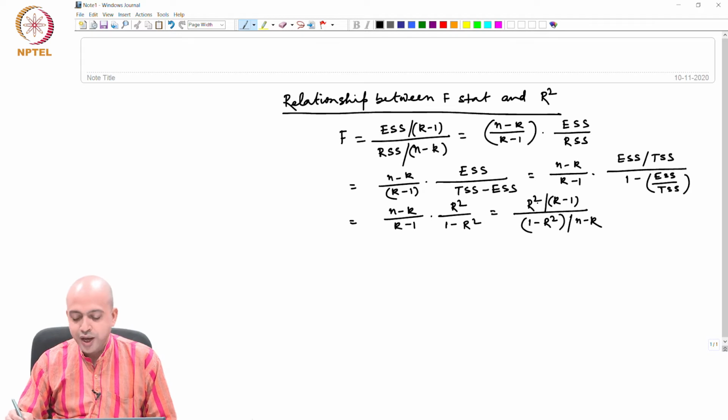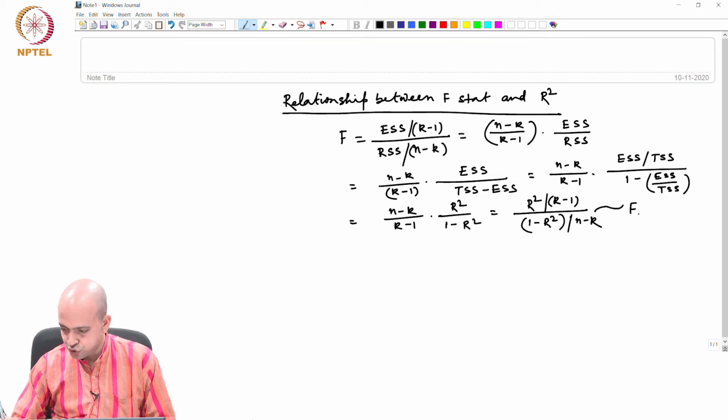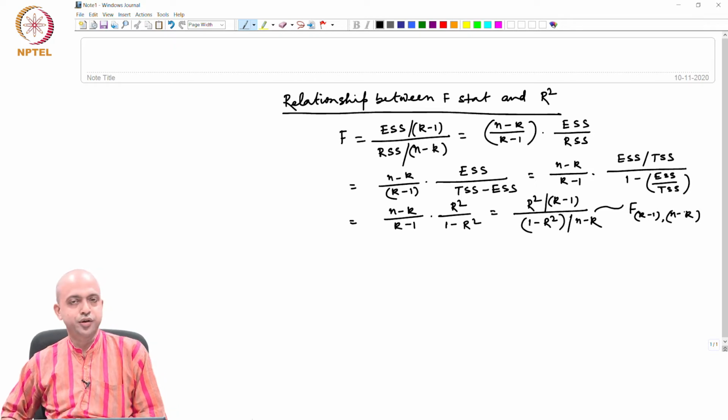Now, we have arrived at a relationship between F and R square, and this particular measure, R square by k minus 1 divided by 1 minus R square by n minus k, will follow an F distribution with k minus 1 degrees of freedom for the numerator and n minus k degrees of freedom for the denominator.